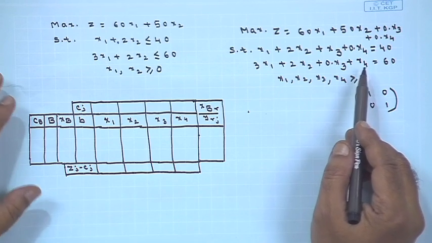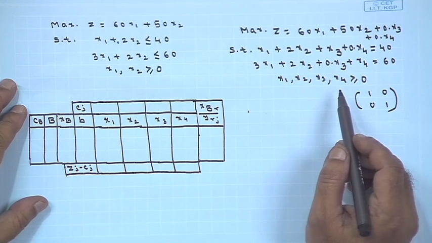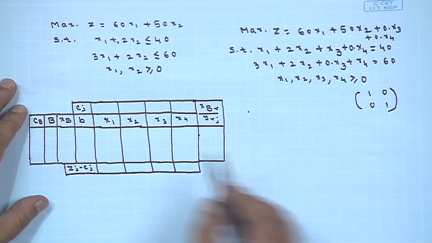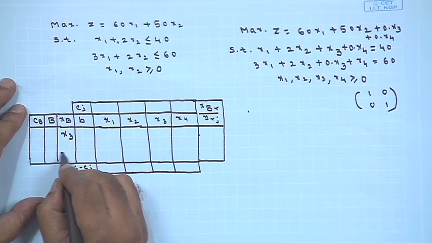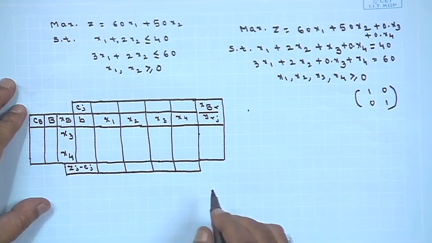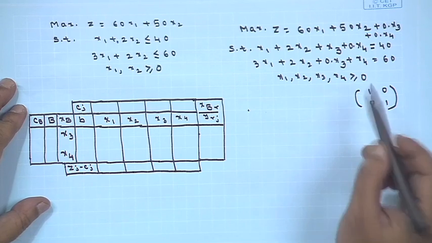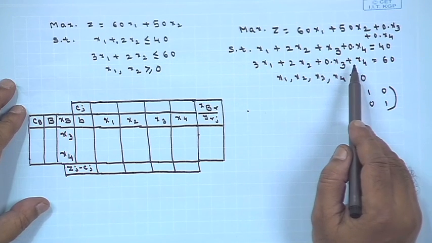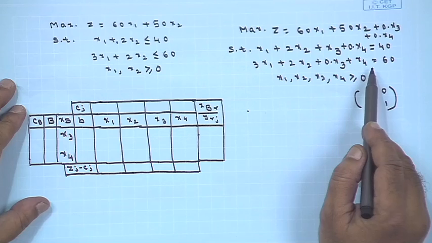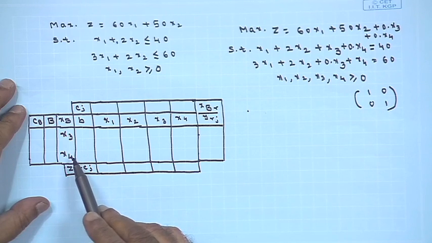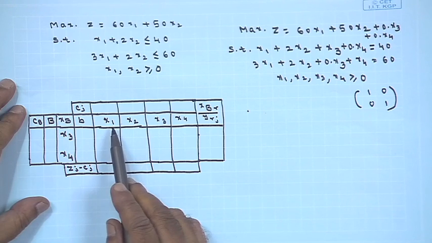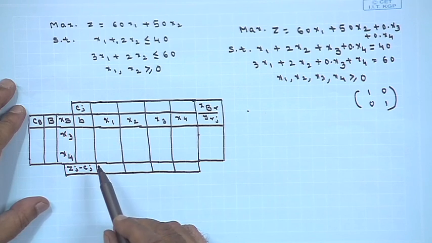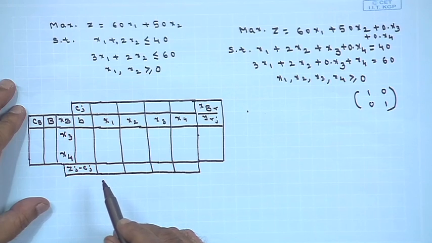Therefore, in your basis the variables will be x3 and x4, so I am writing this as x3 and x4. Using this, wherever you are obtaining the unit matrix, the corresponding variables will go into the basis, those will be the basic variables, and the other two variables, that is x1 and x2, will be the non-basic variables.